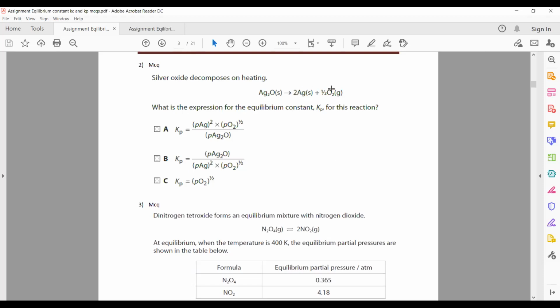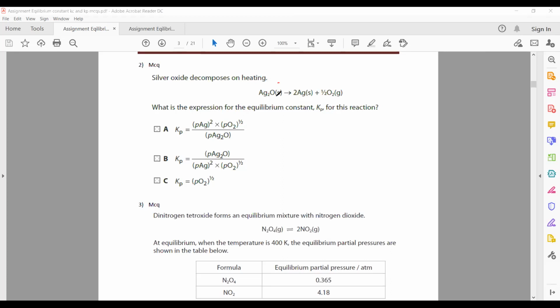Solid, solid, and gas. So actually it should be question 2. The answer should be D. Why D?